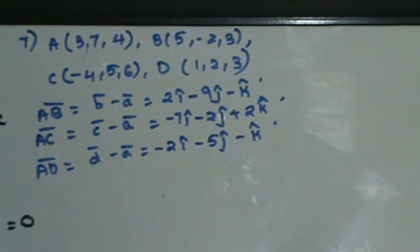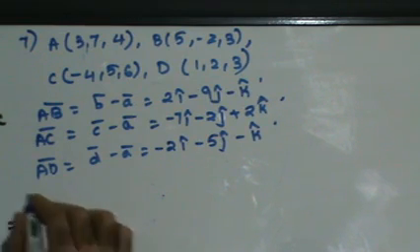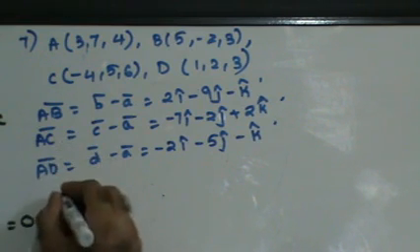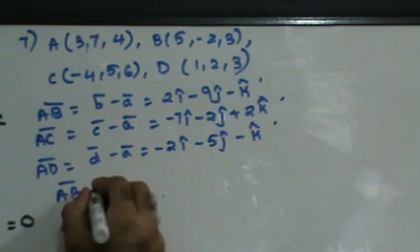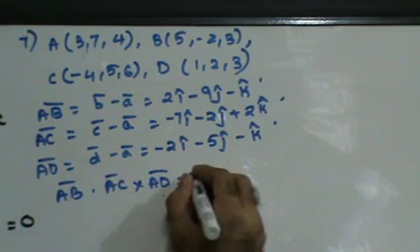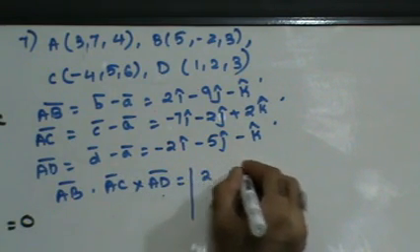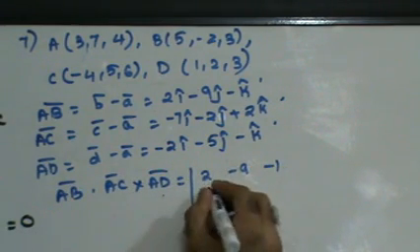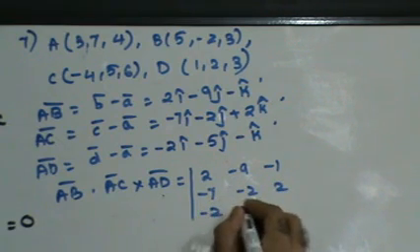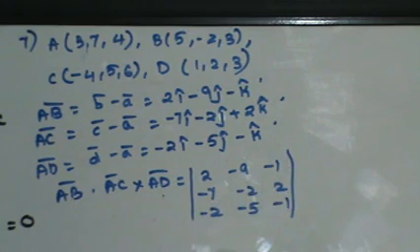Right? So I have all the three vectors. Now let me first find out the scalar triple product. Why? I'll show you. First, let's find out the scalar triple product of AB vector dot AC vector cross AD vector, which will be nothing but 2 minus 5 minus 1, minus 7 minus 2 2, minus 2 minus 5 minus 1.